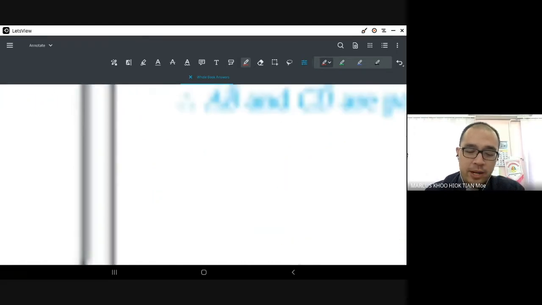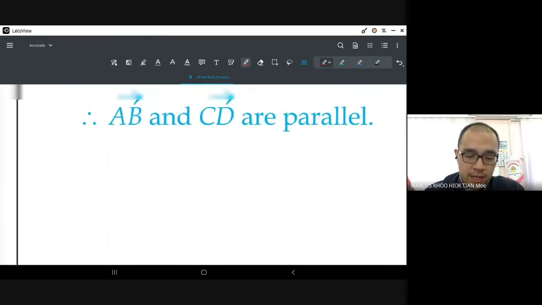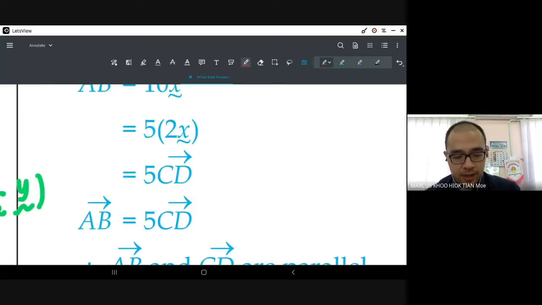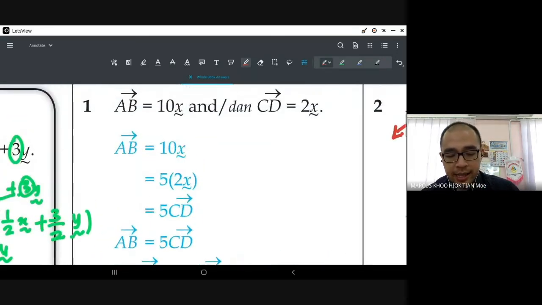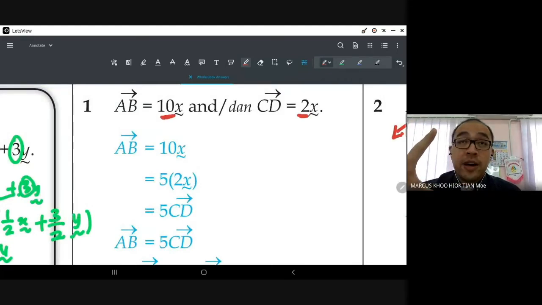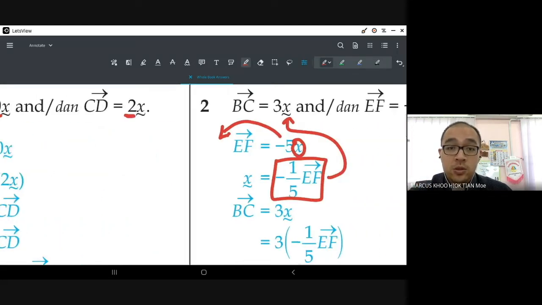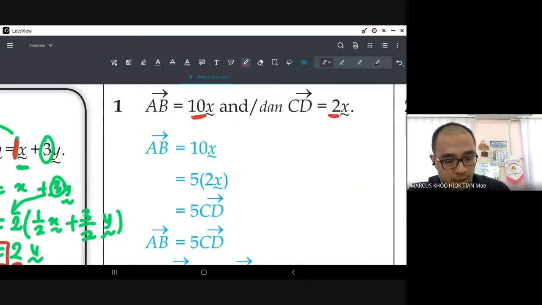Okay, let's look at number 1. Actually, we see it's 5, because the 10 and the 2 are connected by the number 5, because 2 times 5 is 10. Or if you want to do it with this method, also can. Let's say you have CD equals to 2x.